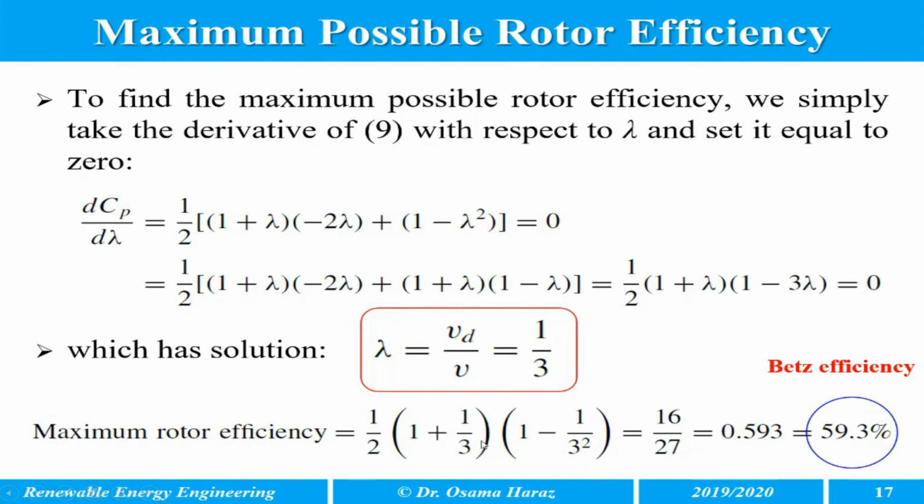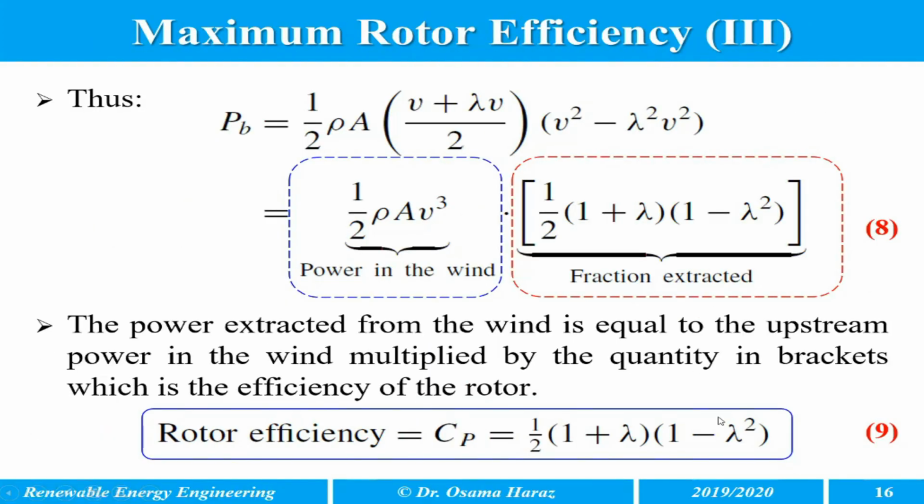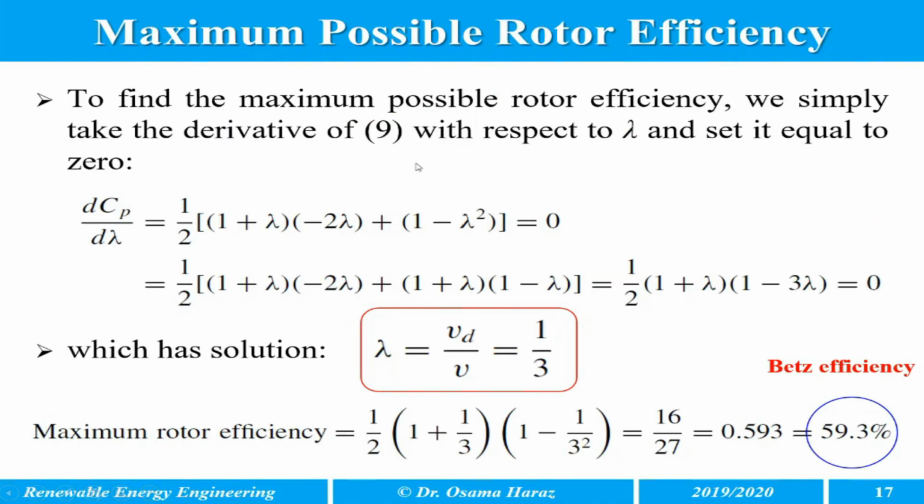Then, to find the maximum possible rotor efficiency, we simply take the derivative of the equation. Okay, we need the maximum efficiency, so we take the derivative of this equation number 9 with respect to lambda and set it equal to 0. So dCp by d lambda equals 0, and you end up with lambda equal one third, or Vd over V equals one third.